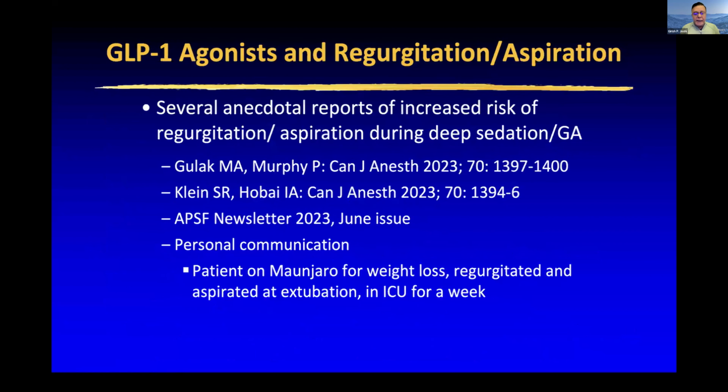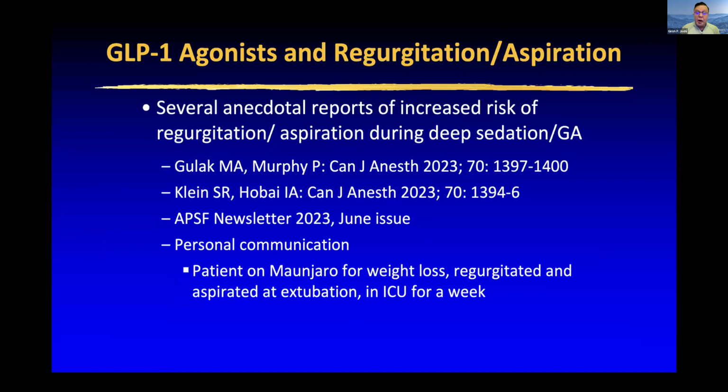So what's the interest within anesthesia? About the last couple of years, there have been reports of increased incidence of regurgitation and aspiration in patients who are using GLP agonists.